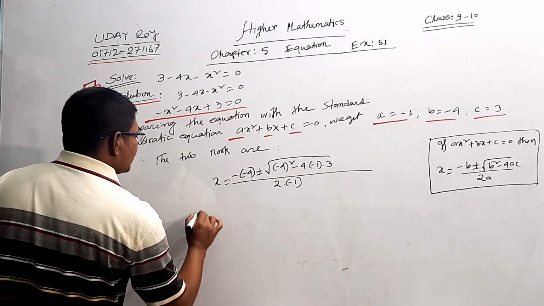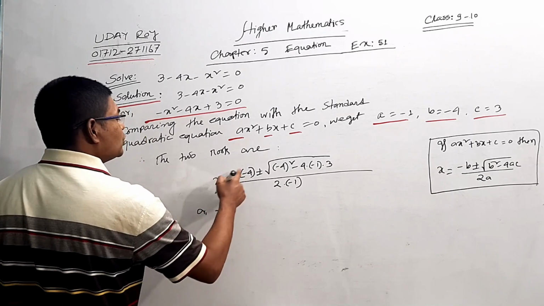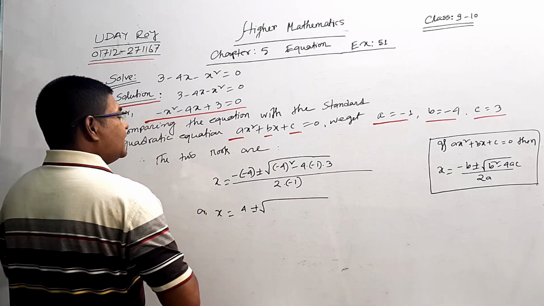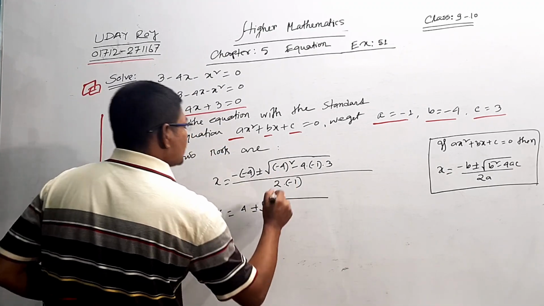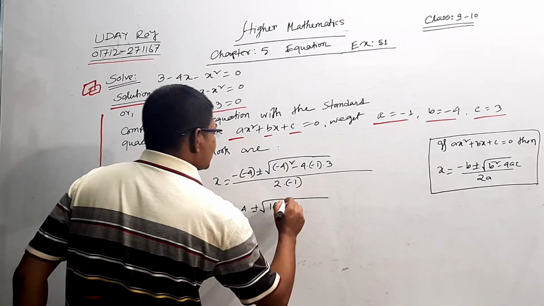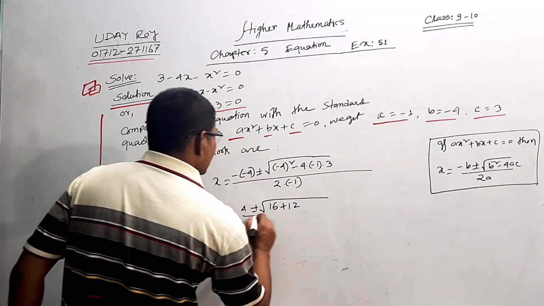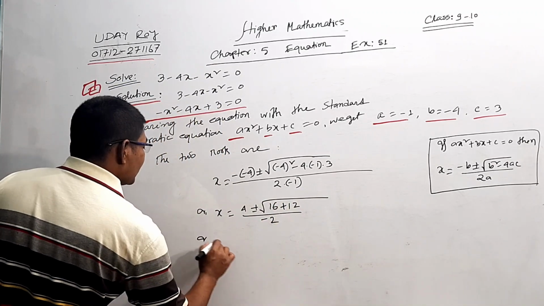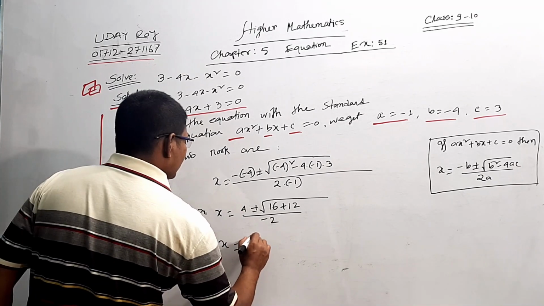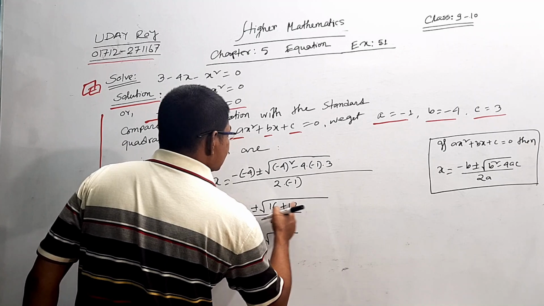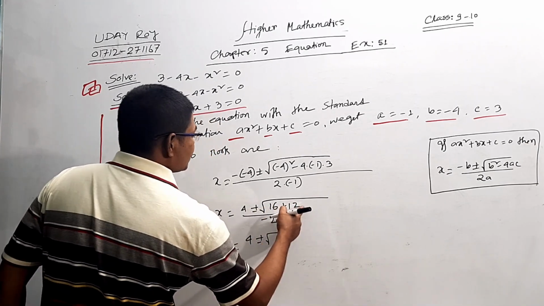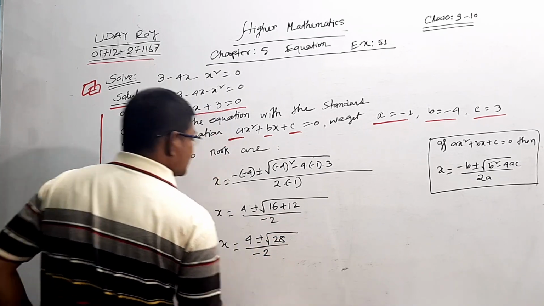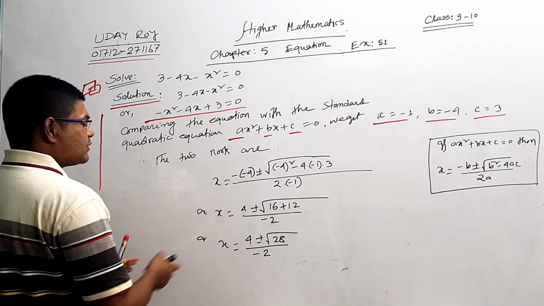Now come back, write x equal to minus, here it is plus 4 plus minus square root of minus 4 whole square, that means 16, minus a plus, here is 12 divided by minus 2. Or x equal to 4 plus minus square root of 16 plus 12, which is 28, divided by minus 2. Now you have to take the common.